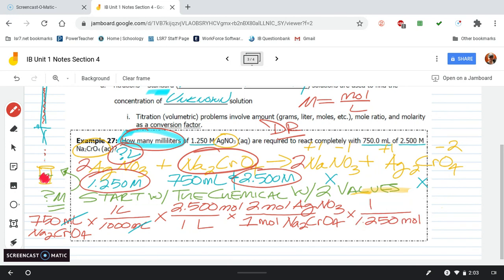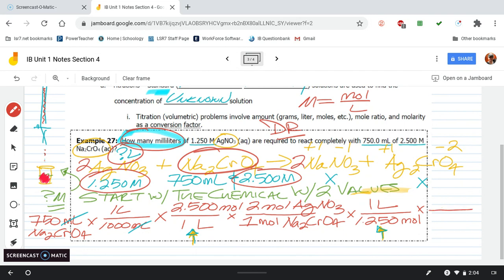And look, now you can go to liters, because what 1.250 capital M means is 1.25 moles per liter. So what I did is I just flipped it over and put the moles on the bottom. And here we put the moles on the top. And that was just because, did we want moles or did we want to get rid of moles? We wanted to get rid of the moles. And so that's why we did it this way. So this is the molarity as the conversion factor. Super, super, super important.